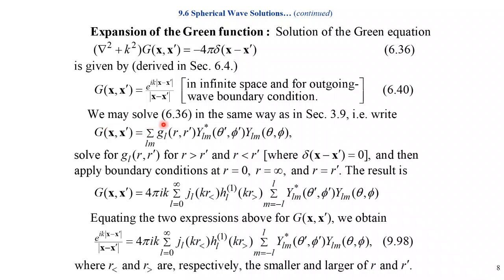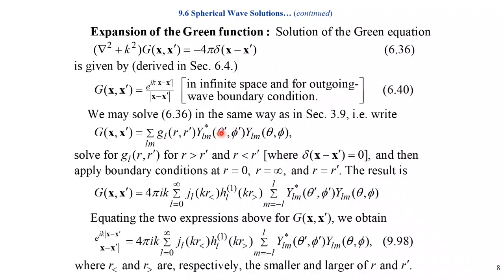We may solve equation 6.36, this one, in the same way as in section 3.9. That is, we will write the Green function into this form. What's the difference? Looks very similar. The difference is just here.